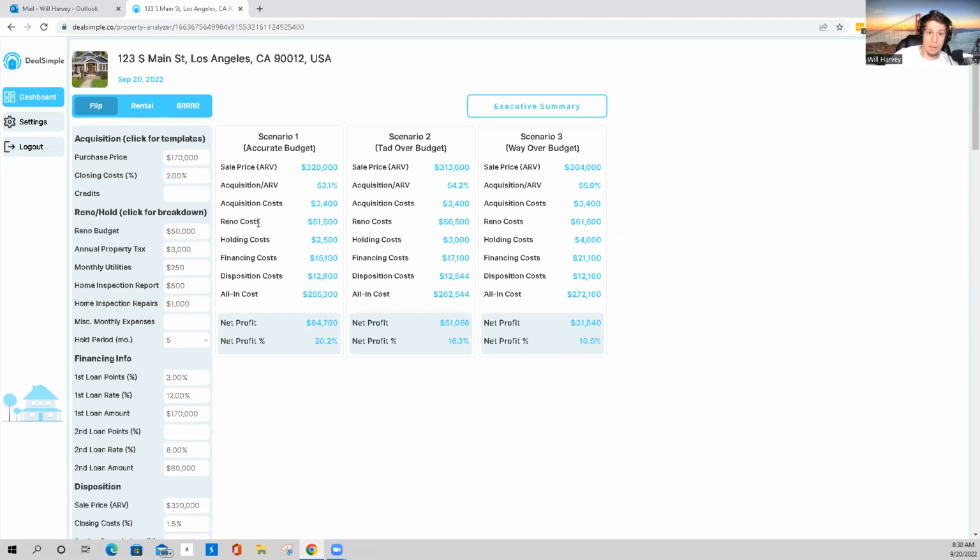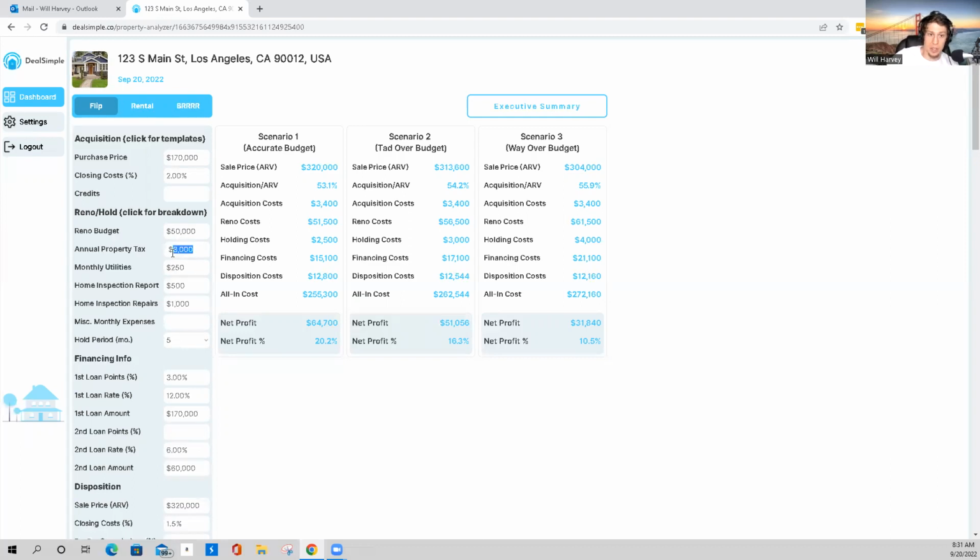So reno costs, this breaks down everything here except for the property taxes and the utilities. So it adds up the reno budget, the home inspection report costs, and then any repairs associated with that. Holding costs are going to be property taxes and then any monthly utilities.